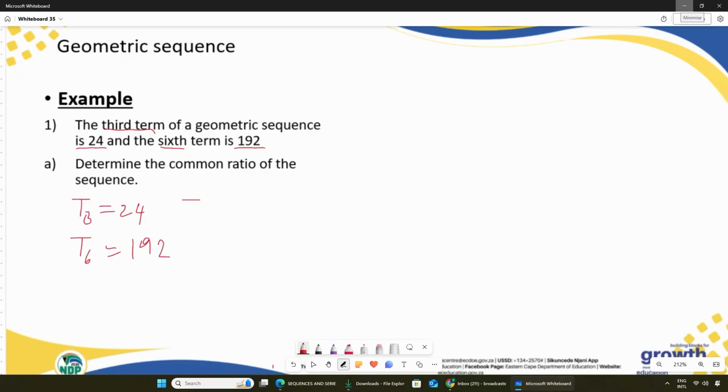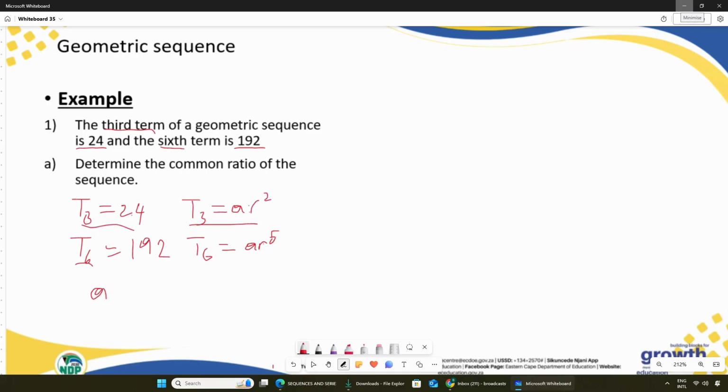You know that T3, which is term number 3 in a geometric sequence, is equal to AR to the power of 2. And also, you know that T6 is equal to AR to the power of 5. This is the information that you know. We're going to link this information. T3 is equal to 24, and also T3 is equal to AR to the power of 2.